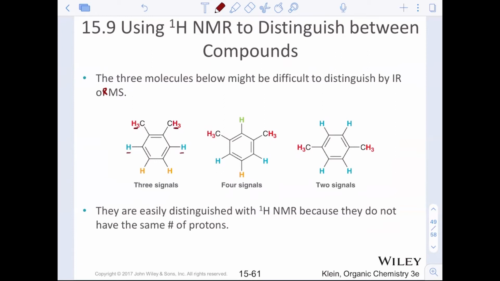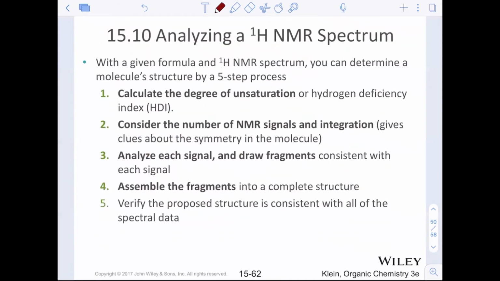These 3, these two and these two, we would see 3 signals for this first guy when the methyls are right next to each other. If the methyls are 1, 2, 3 in their relationship, we see 4 signals. And if they're 1, 2, 3, 4 exactly opposite, we see 2 signals. All right, so there are ways to be able to determine more structurally sound things when looking at proton NMR.